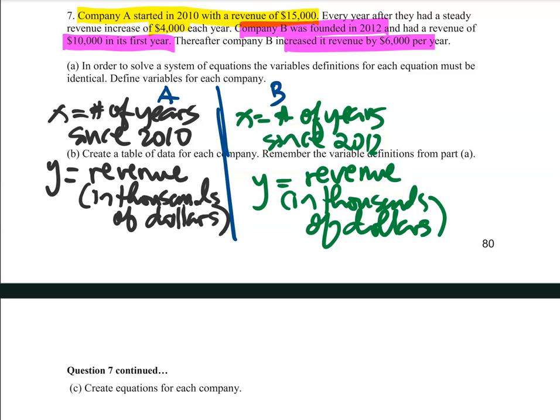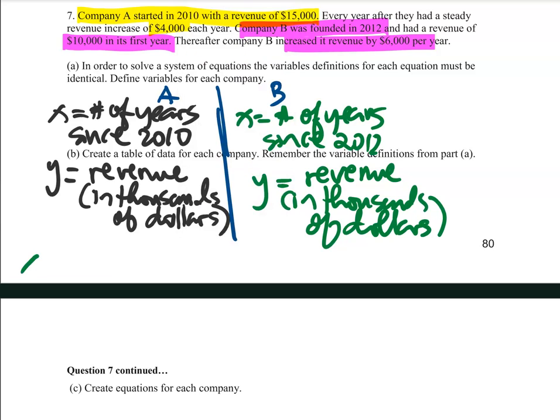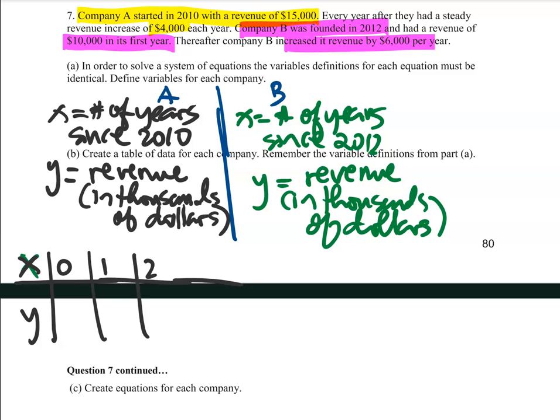Okay, that's letter A. Letter B, create a table of data for each company. And remember the variable definitions from part A. So let's have X and Y. So let's say since 2000, I'm going to start at 0, 1, because that's every year, 2, 3.